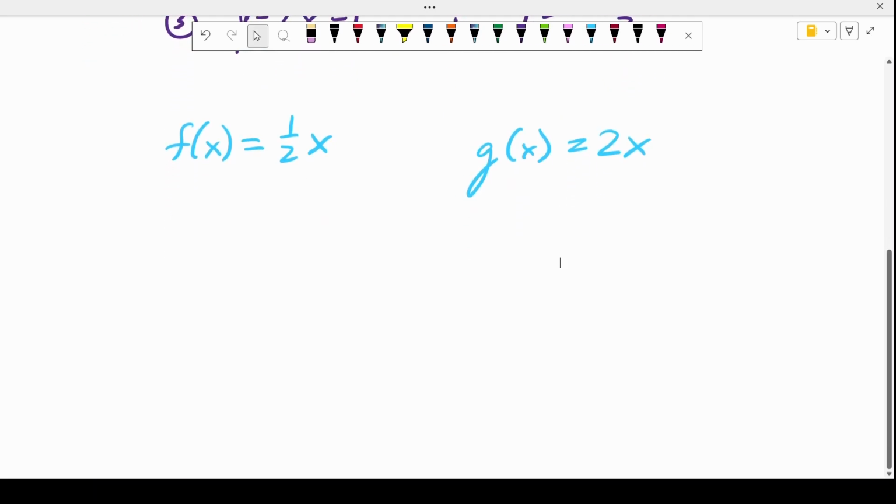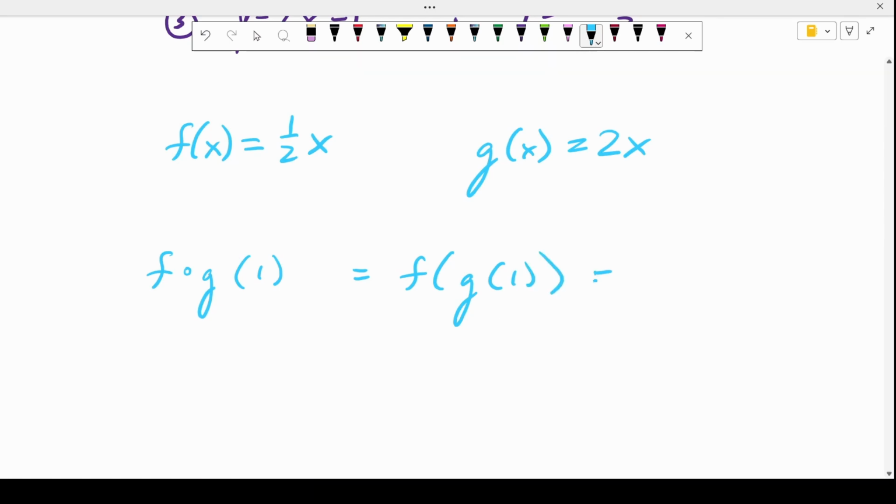And now what I want you to do is compute a few things. F of G of 1, which is equivalent to f(g(1)). So compute that for your particular example. Also compute g of f of 1, which is the same as g(f(1)).